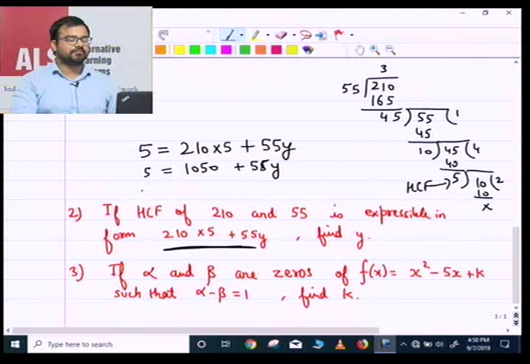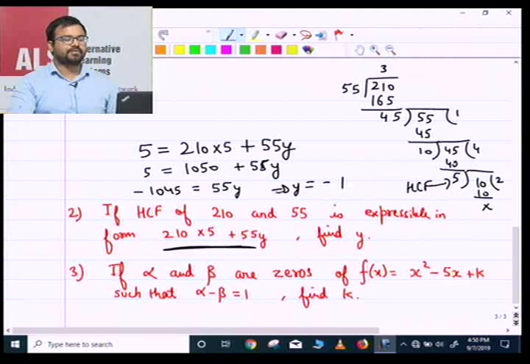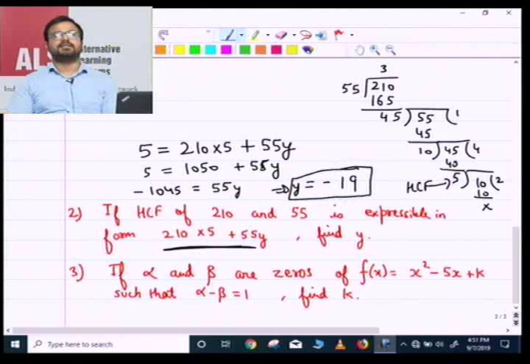So 5 minus 1050, that is minus 1045, is equal to 55y. So you can find y. y is equal to minus 19. This is the answer.